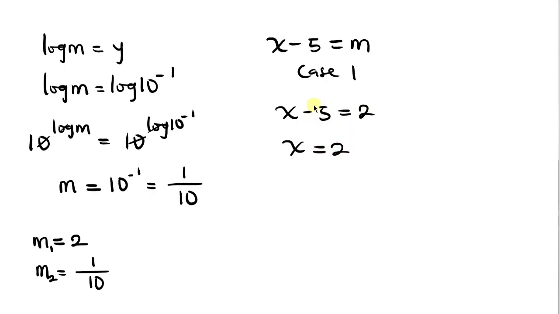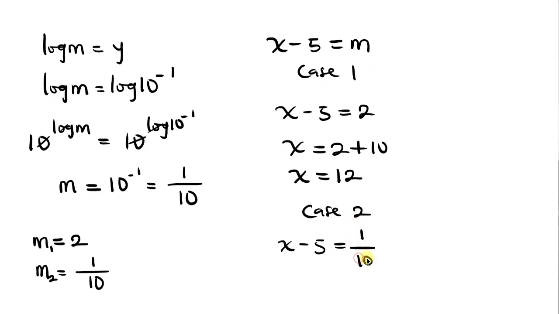As negative 5 crosses to the right, it becomes plus 5, making the value of x to be 12 for the first case. And now for the second case, case 2, that is where we have m equal to 1 over 10. So we have x minus 5 equal to m, which is 1 all over 10.